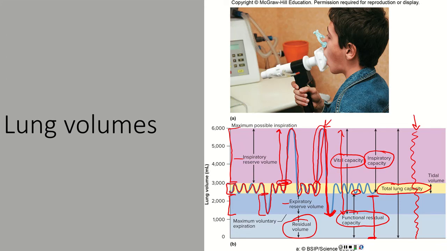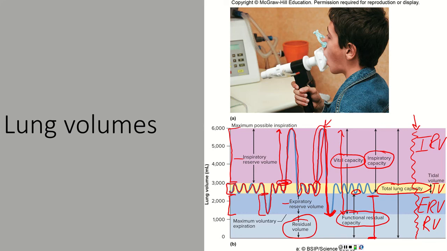And we find that by adding the inspiratory reserve volume, I'll write IRV, plus tidal volume, TV, plus expiratory reserve volume, ERV, plus residual volume, RV. Sum that up.